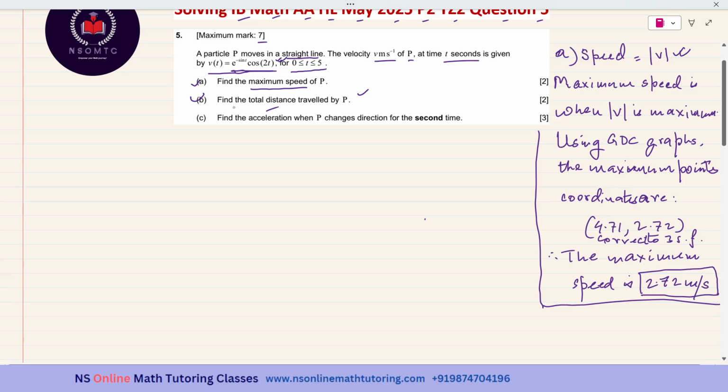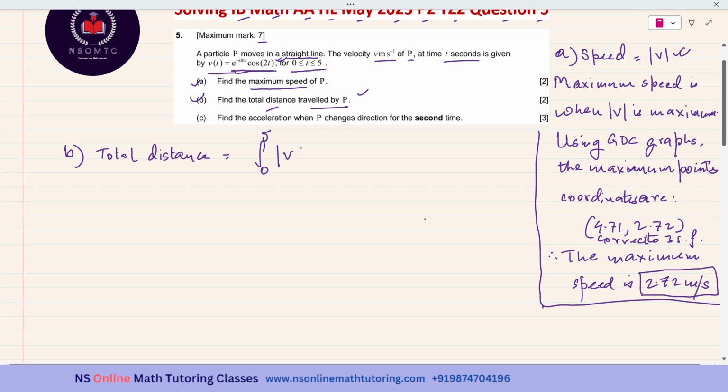So part B, find the total distance traveled by P. Total distance, t is between 0 to 5.